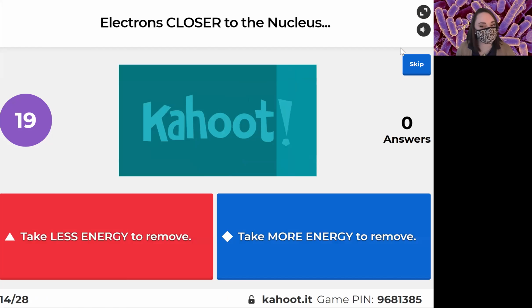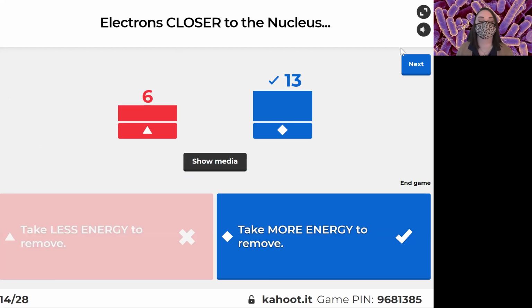Electrons closer to the nucleus take more energy to remove, right? Because they're closer to the protons, so there's a stronger attraction there.